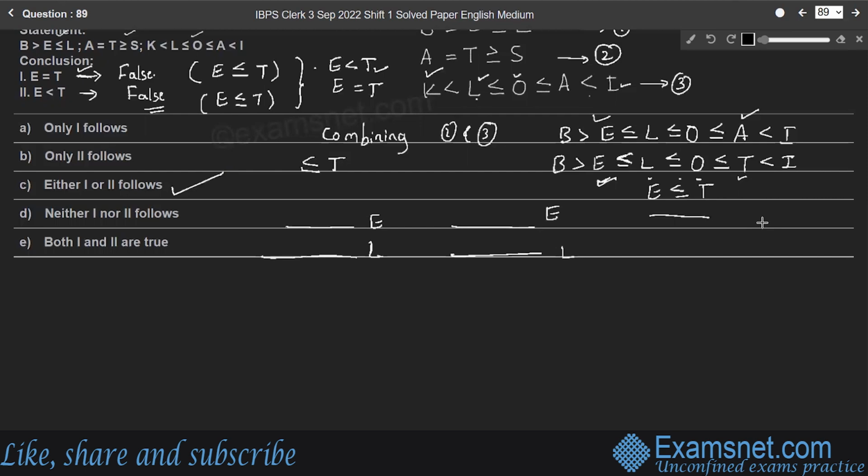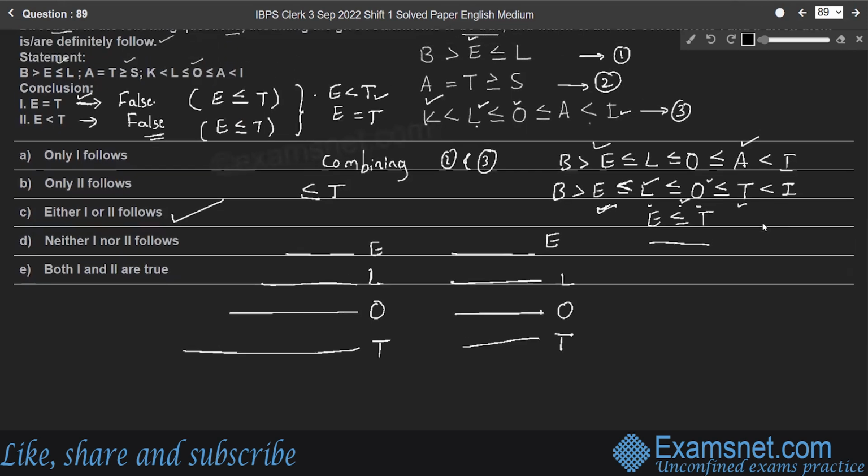So in the next, L is less than or equal to O. So there is a line O where L is less than O, and in the next case, L is equal to O. Then O is less than or equal to T. So one more line T, where O is less than T, and O is equal to T in the next case.